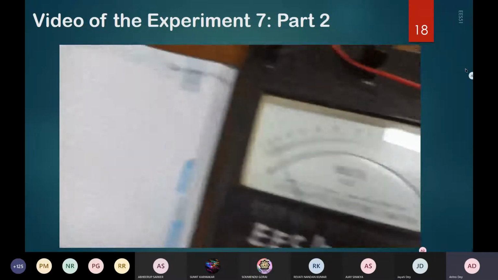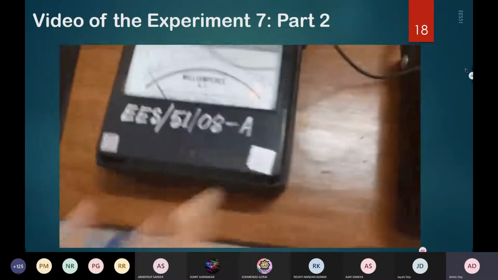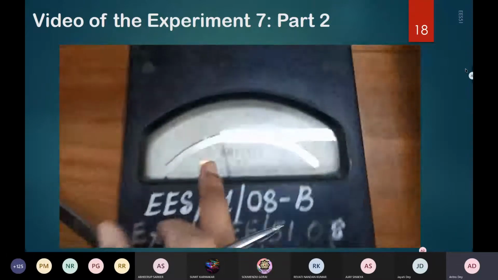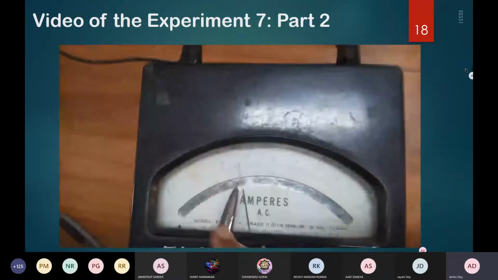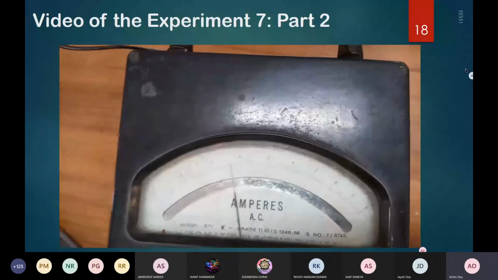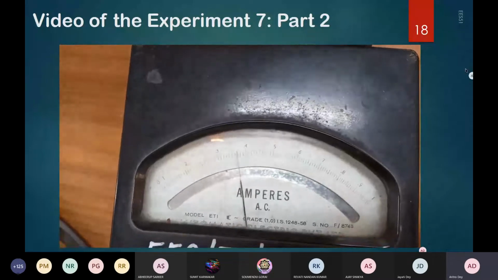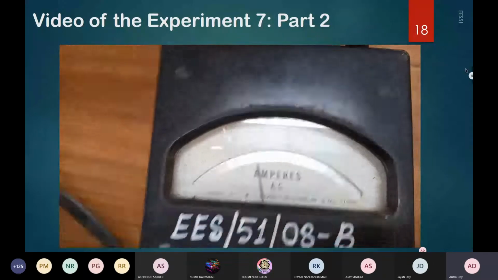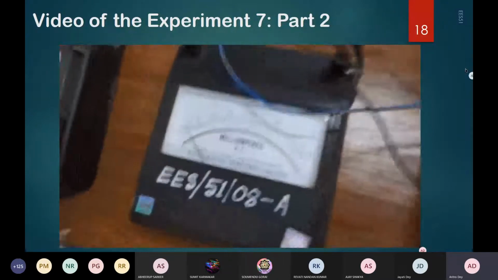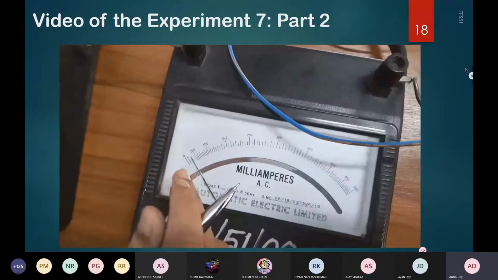So we can approximately write it as 60, and then we'll take the reading for the tungsten, which is 0.37, and for the carbon it is clearly 50.